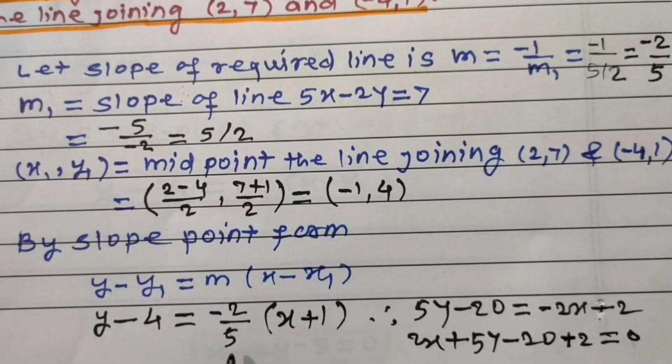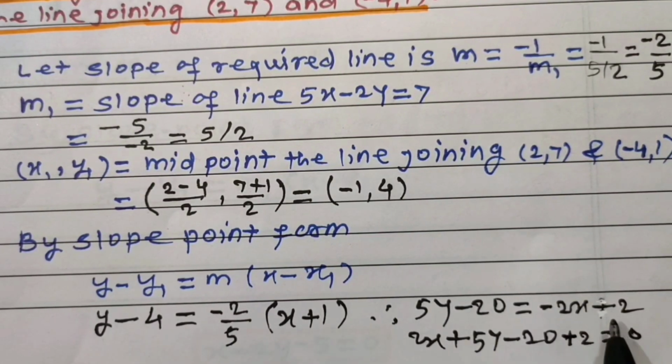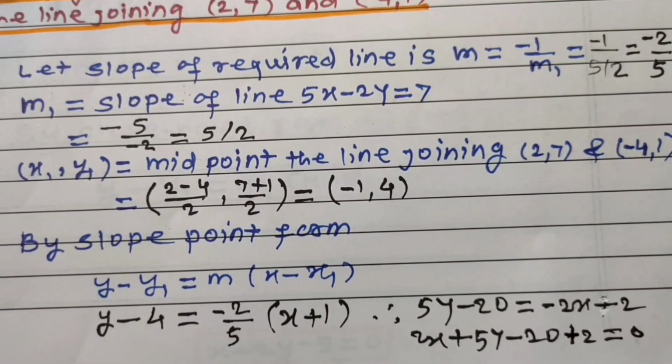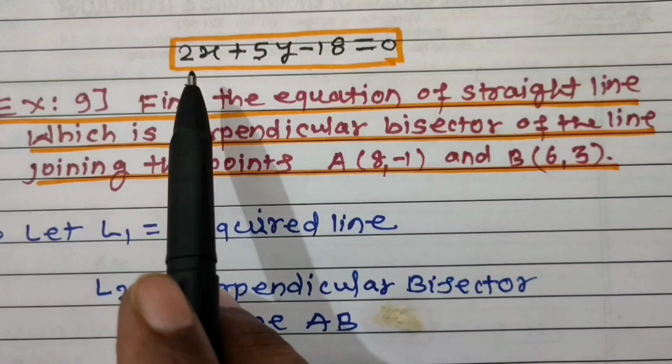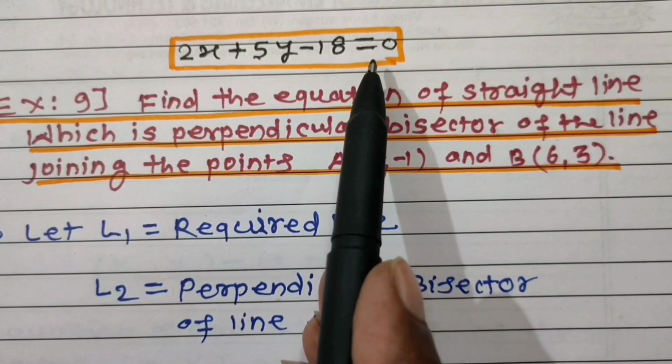This gives, taking cross multiplication, 5 into y, 5y, minus 4 into 5, minus 20 is equal to, now minus 2 into x, minus 2x, minus 2 into plus 1, minus 2. Take all terms on one side, that becomes 2x plus 5y minus 20 plus 2, that is minus 18. So after simplification, equation of required line is 2x plus 5y minus 18 is equal to 0.